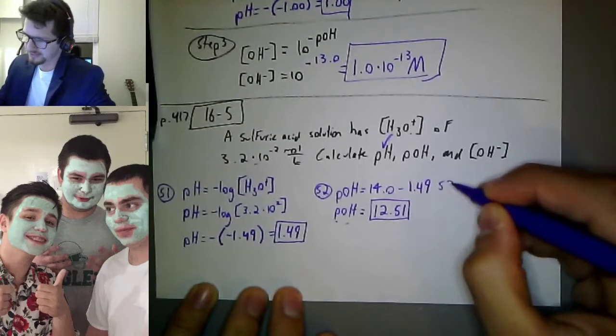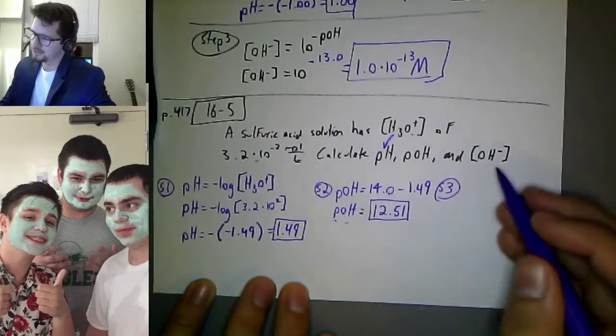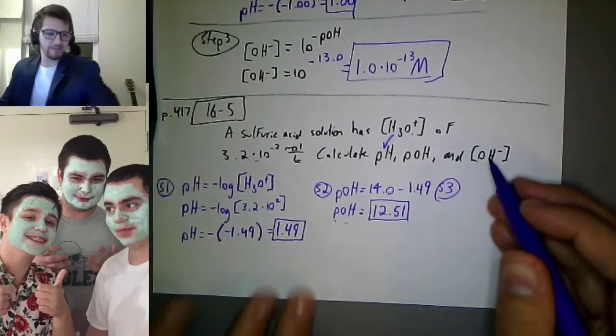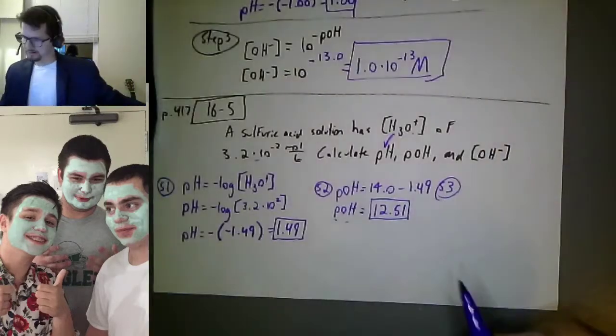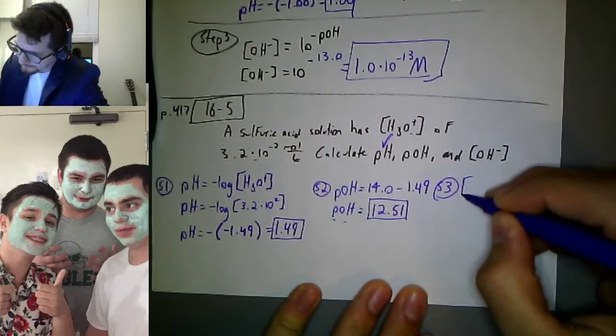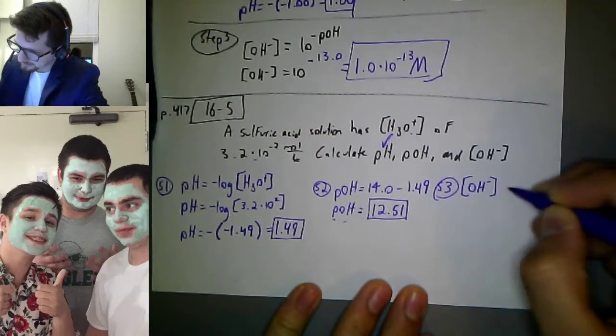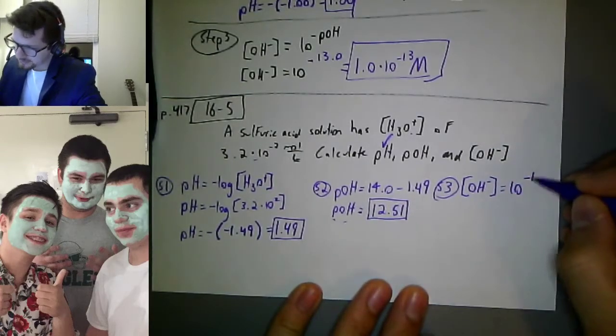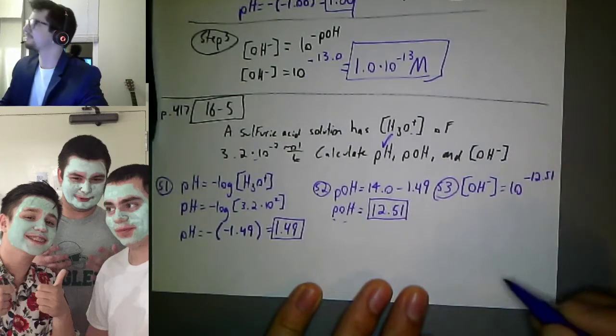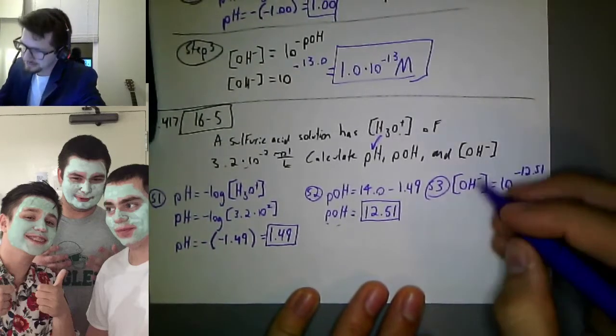Cool. Step 3. What's my hydroxide content? What's my equation to find hydroxide? That one. Hydroxide equals 10 to the negative pOH power. Hydroxide equals 10 to the negative pOH, 12.51. And what happens when I type this into my calculator?